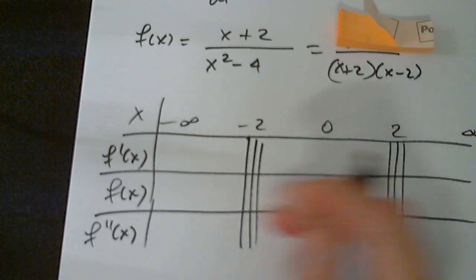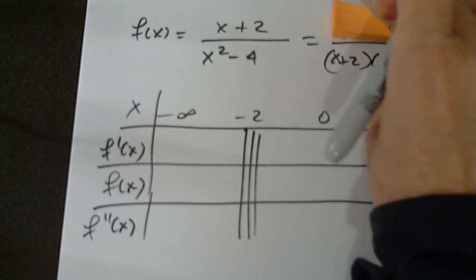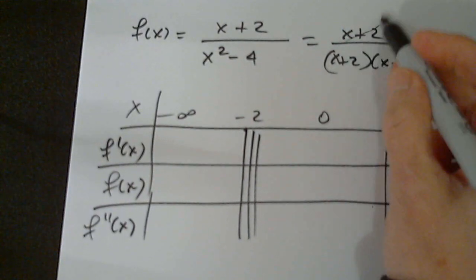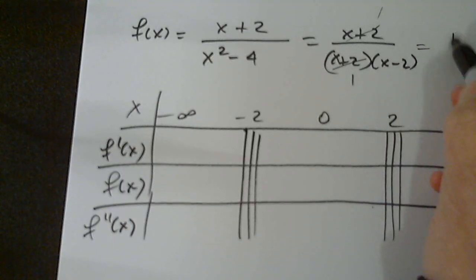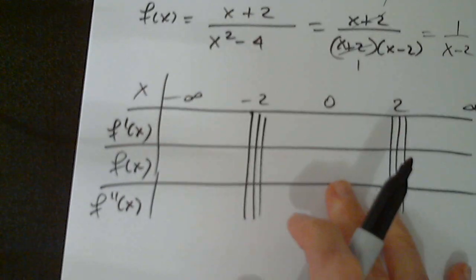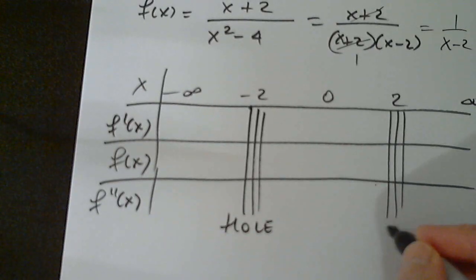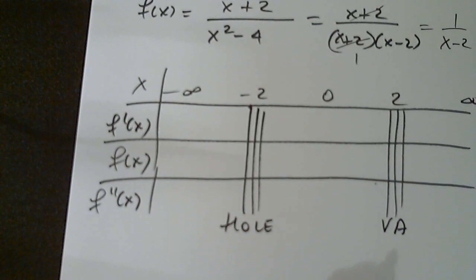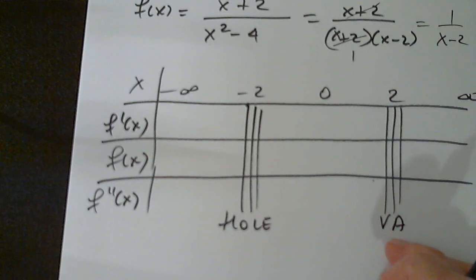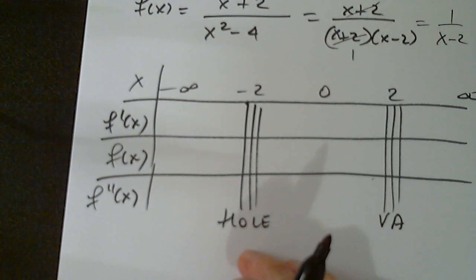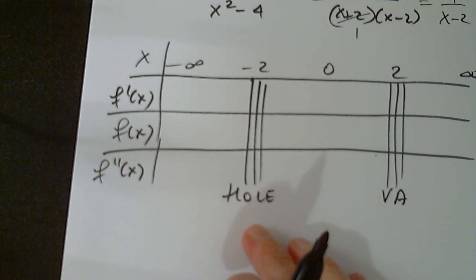If the function is undefined, of course, its derivatives will be undefined. Then you are allowed to simplify, and you have x minus 2 in the denominator, which means this is a VA. The factor that stays is a VA. The factor that goes away, the function is still undefined, but it's a hole.